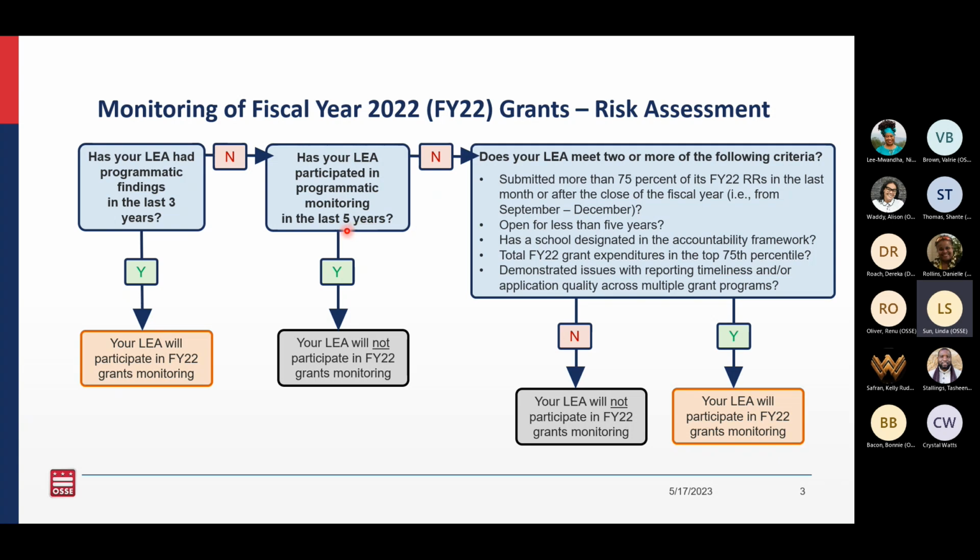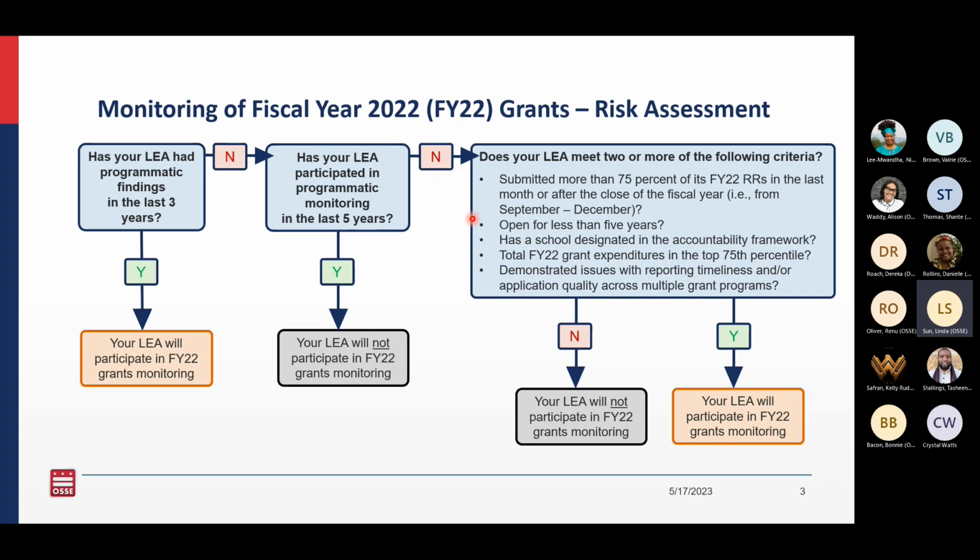If your LEA had already been pulled for programmatic monitoring in the last 5 years, then we took those out of the selection pool as well. And then for those remaining, we just looked at folks who met 2 or more of the below criteria. So reimbursement requests being submitted super, super late in the fiscal year, and a large portion of those requests being submitted very late in the year.